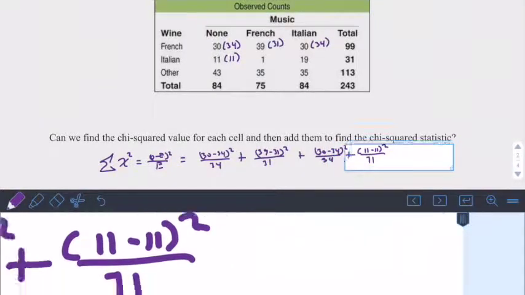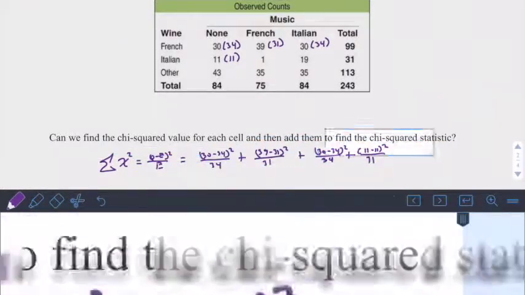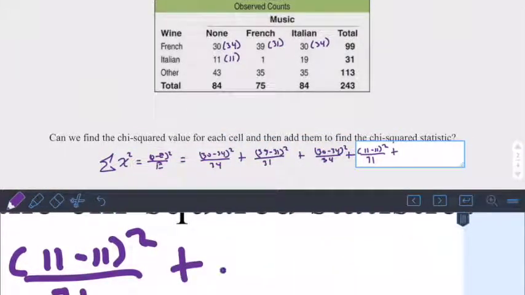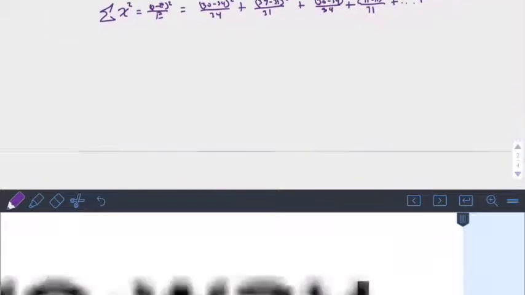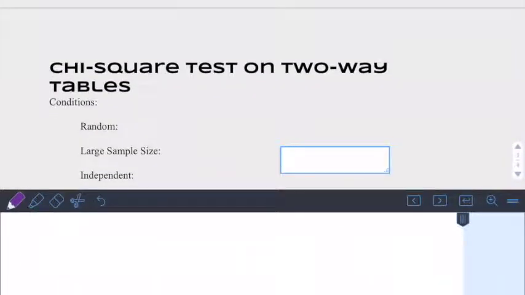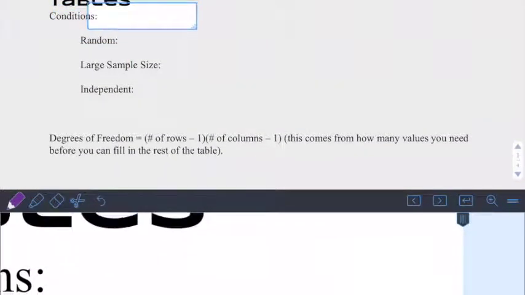Remember, we're looking for error, and that one didn't have any error to add to our chi-squared statistic. And we could keep going. But you know what? I'm tired, and you've probably already figured out that there is an easier way on our calculator. So what we're going to do is go through our conditions again.